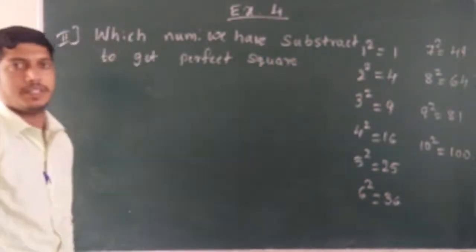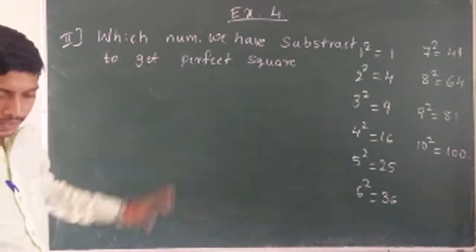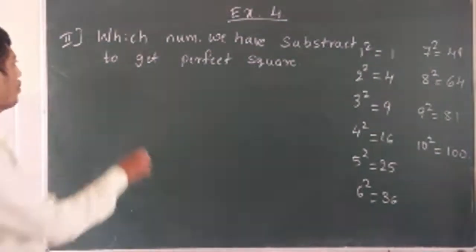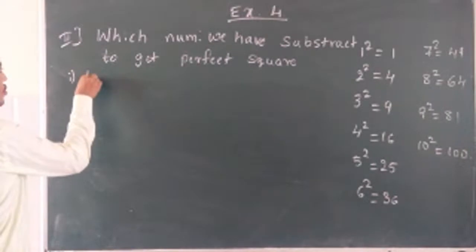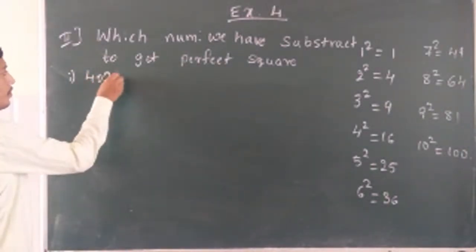Perfect square. Also we have to find out the square root value. The first number is 402. First number is 402.